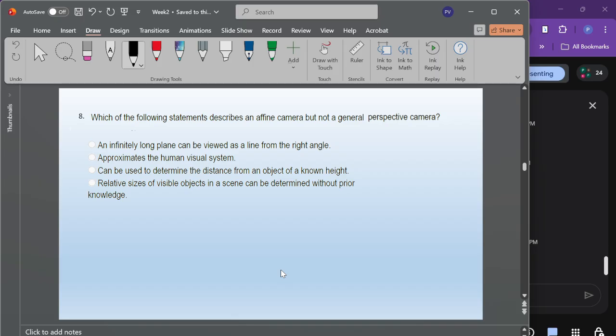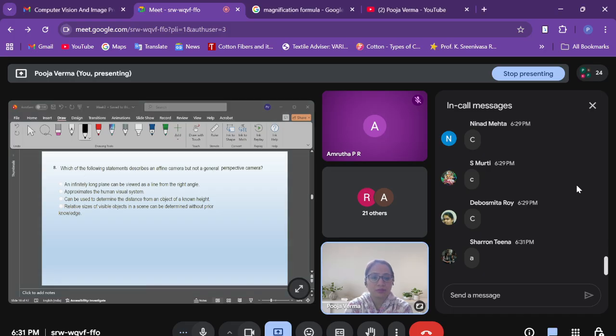Option C, can be used to determine the distance from an object of a known height. Option D, relative sizes of a visible object in a scene can be determined without prior knowledge. Which option can be the correct one? Okay, option B.